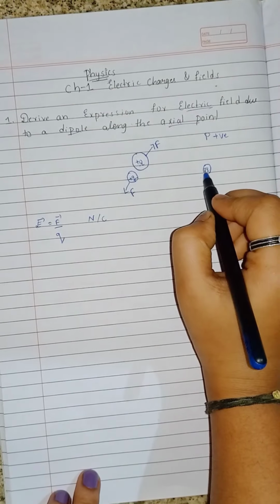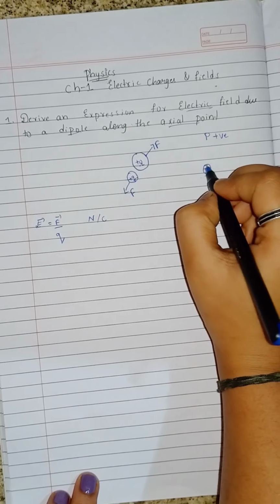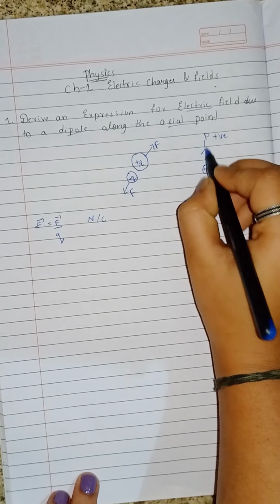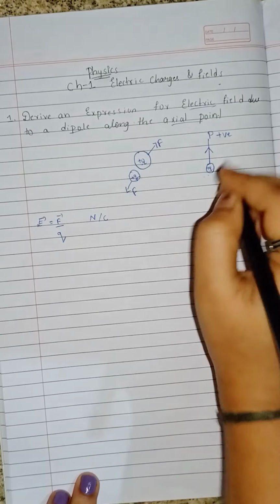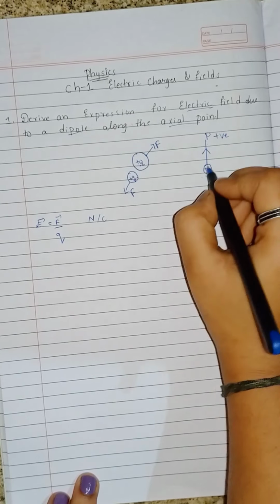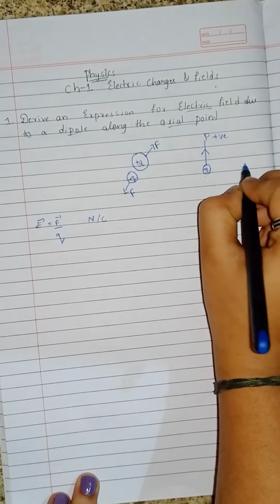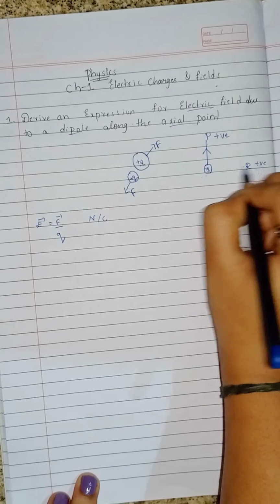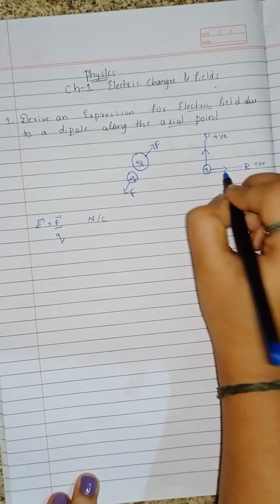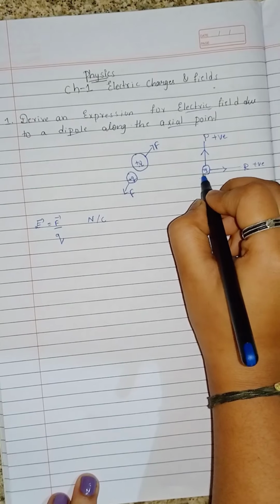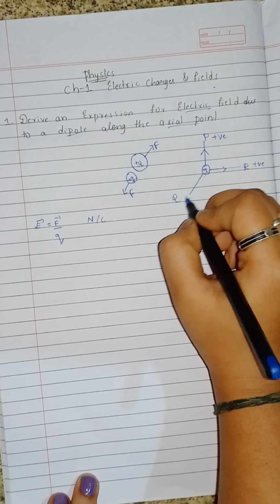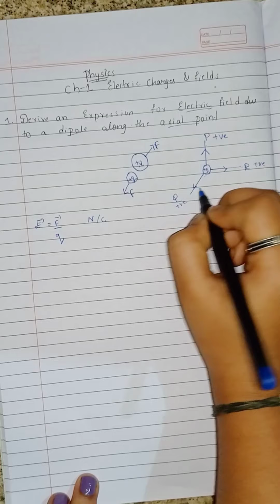Like charges repel, so the direction of the field line is upward, that is, away from the charge. If I consider point R and place a unit positive charge, the direction is away. Or if I place it somewhere near Q, here also the same, like charges repel.